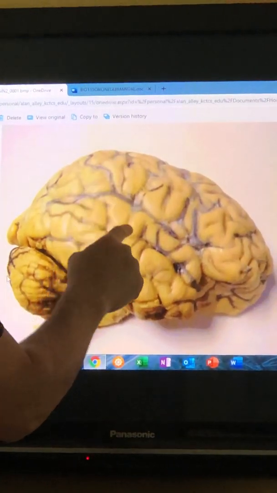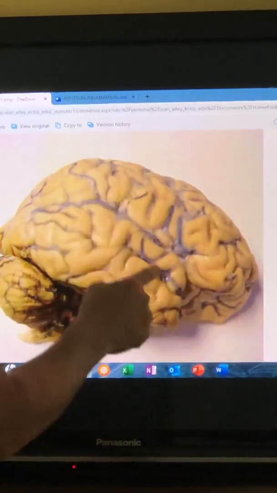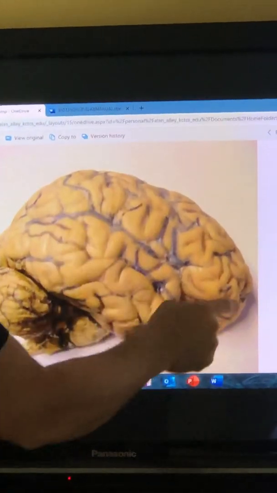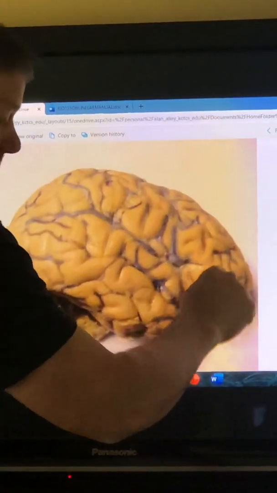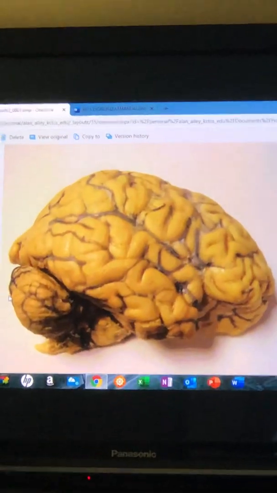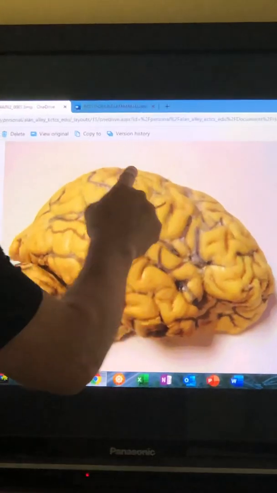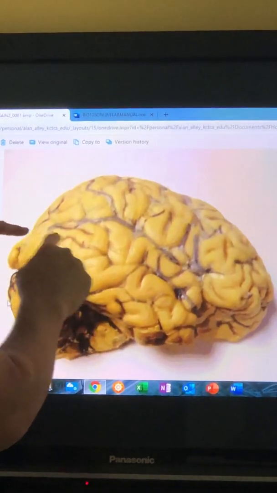From about this region here is the frontal lobe. Now, on the test, I'm not going to put an A straddling the frontal and parietal lobe. I'm going to put it right up here and say name this lobe, and that's the frontal lobe. The parietal lobe would be from this central sulcus back in this area.